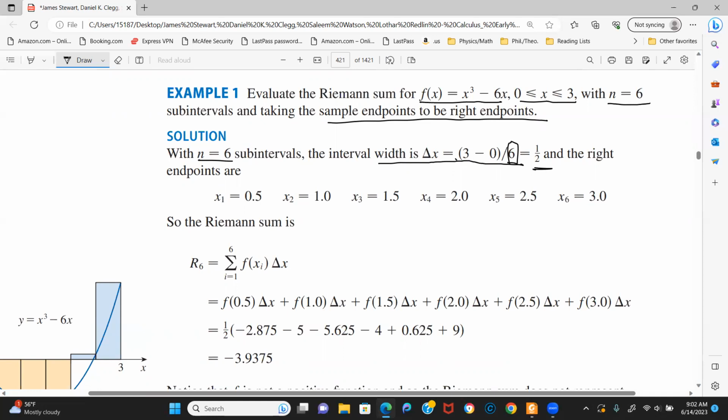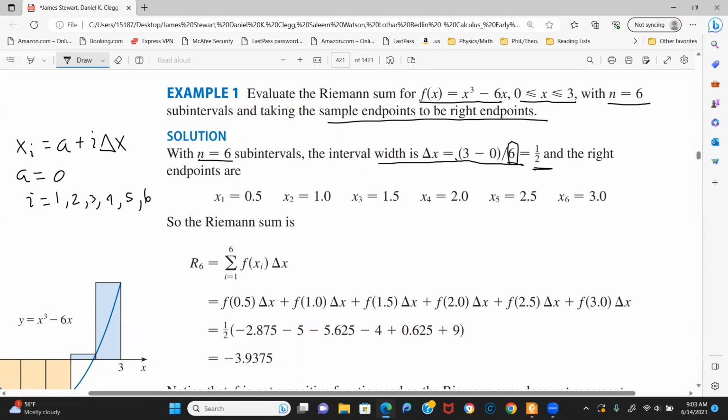And then the right endpoints, remember, are of the form x_i equals a plus i delta x. So a in this case is 0, and then i can be 1, 2, 3, 4, 5, and 6.